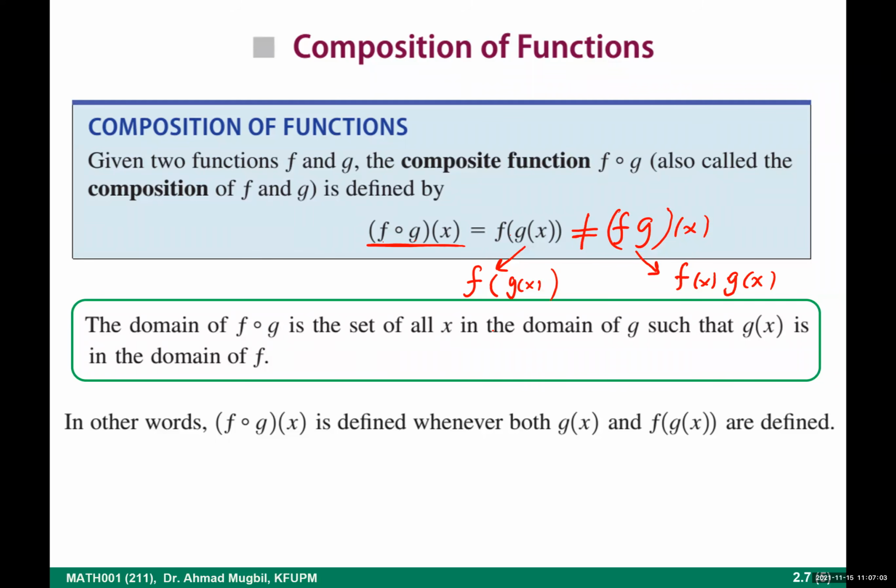You need to think about all the values of x that make g defined. For all the values of x in the domain of g, g of x should be in the domain of f. In other words, this should be defined and this should be defined. So wherever these two expressions are defined, this is the domain of the composition.